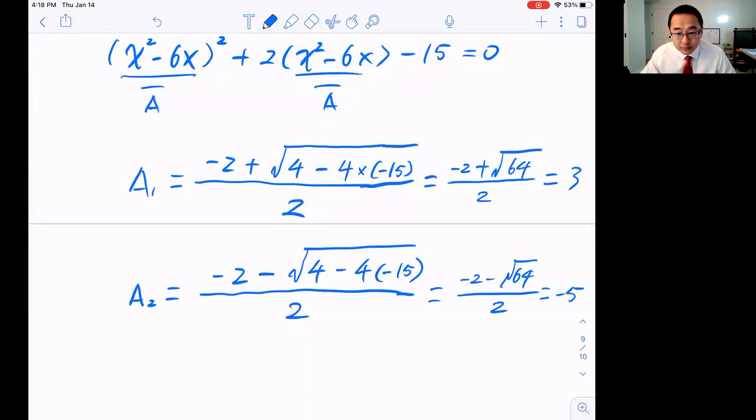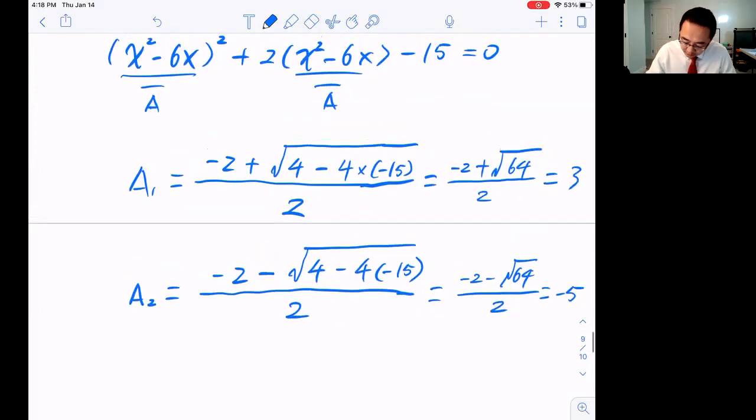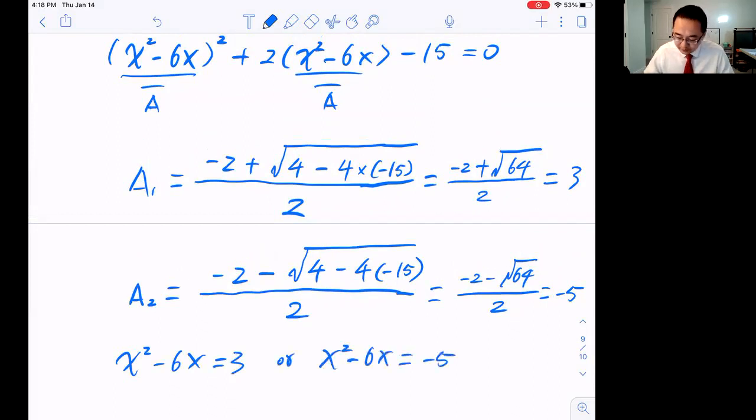Any questions? Okay, all right, so once you have this, then you can say, well, that means x squared minus 6x equals 3, or x squared minus 6x equals negative 5, right? Because that's what a is. A is x squared minus 6x.